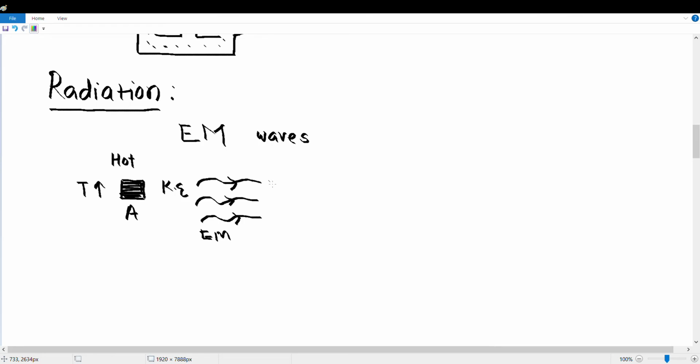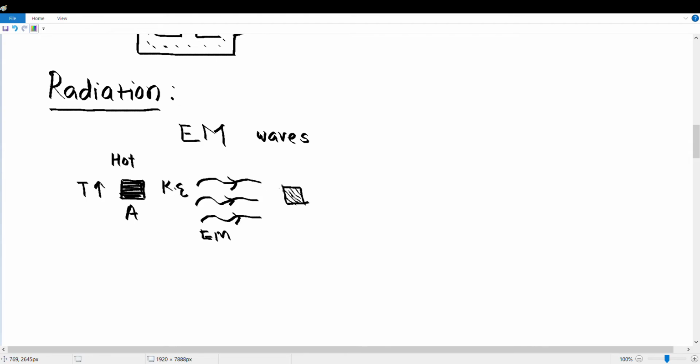These electromagnetic waves travel in space, and when these electromagnetic waves are again incident on a body, then they transfer their energy to this body. So this body gets heated.